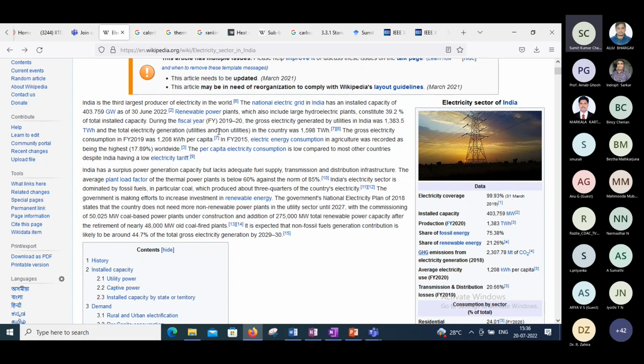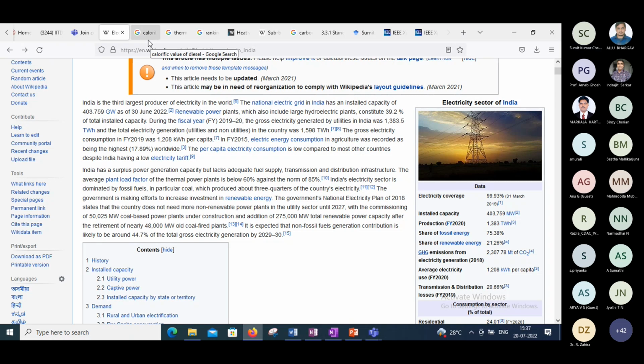Any comments here? Okay. So the scenario is that in our country as of now, nearly 75 to 80% of the power is coming from fossil fuel.